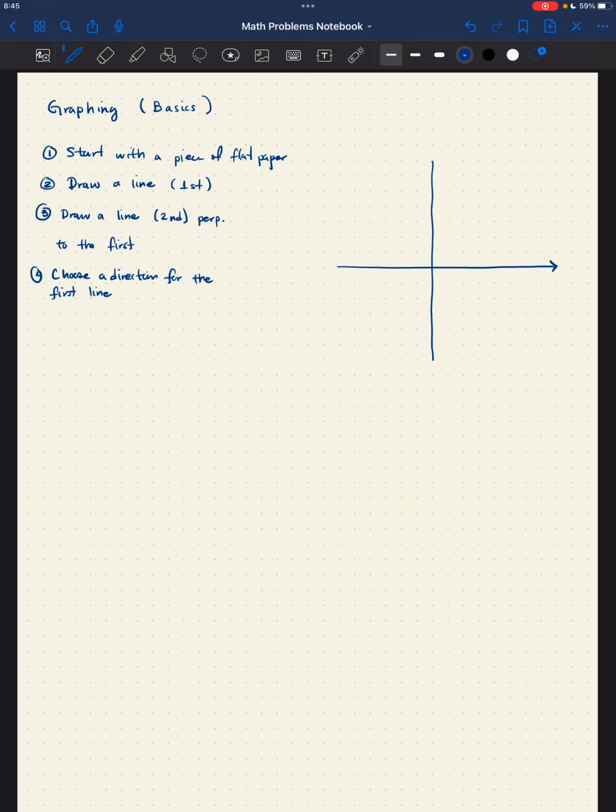And well, I'll do the same thing on my fifth step: choose a direction for the second line. And well, this time I'm going to indicate with an arrow that the one going upwards, at least from the perspective that we have, is the positive direction. So the opposite direction, we're going to call it, for the lack of better language, negative, right?